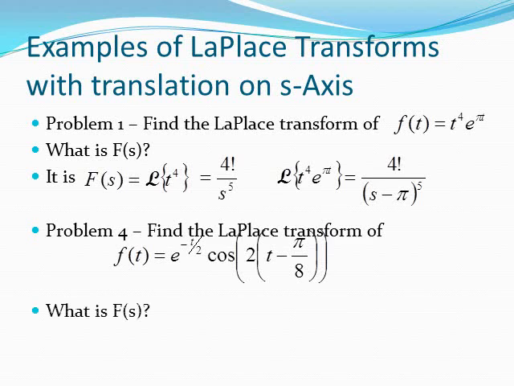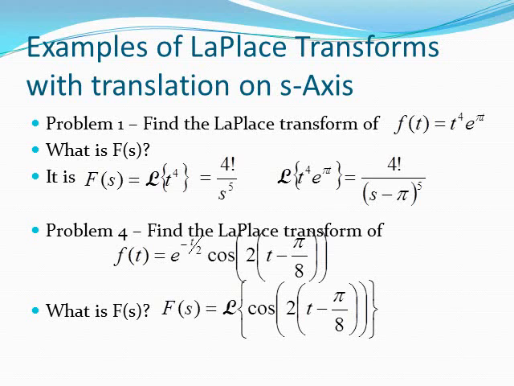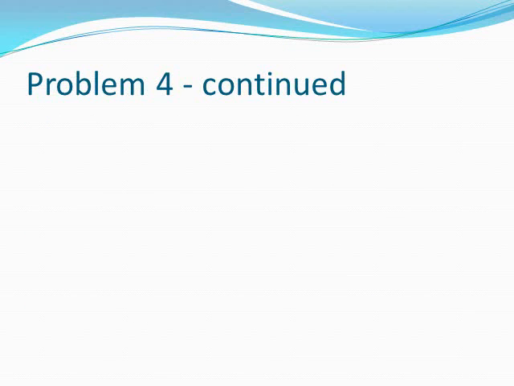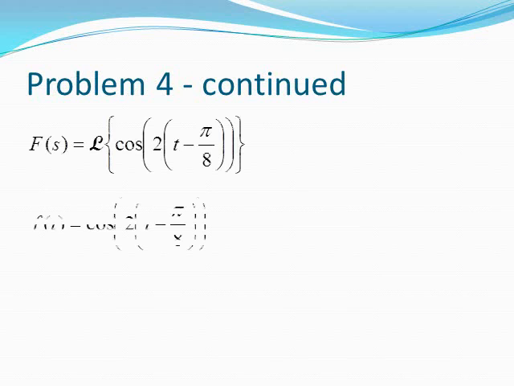Now, to do the Laplace transform of this, what is our function? What is f of s? That's what we have to find. That's going to be the Laplace transform of this cosine term. But if you look in the table, you're not going to find one that looks like that. So we have to do some algebra to try and simplify this.